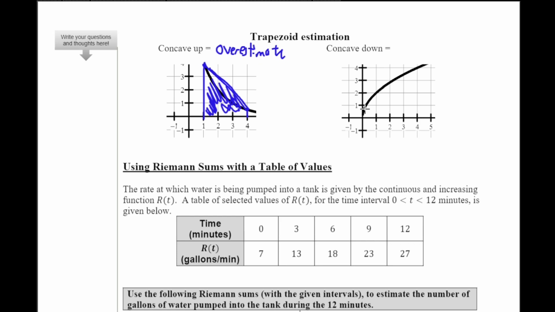Vice versa, if it's concave down, if I drew a trapezoid from 1 to 5, you're going to have an underestimate because part of the trapezoid is below the curve here. Underestimate.